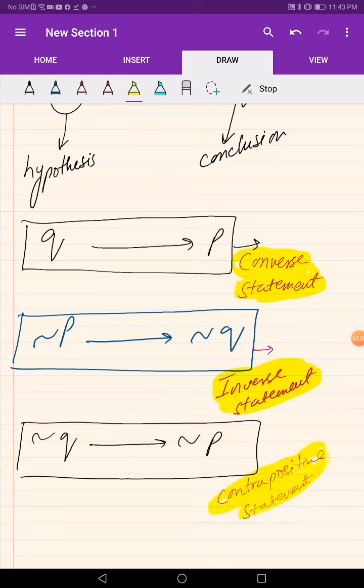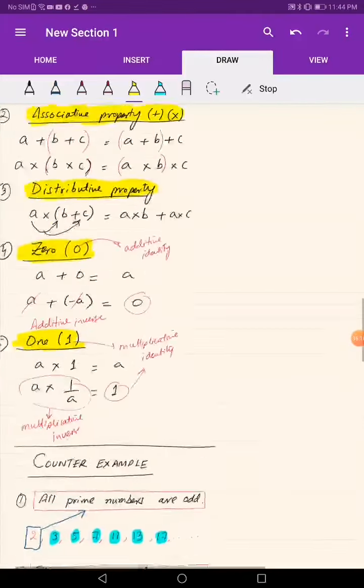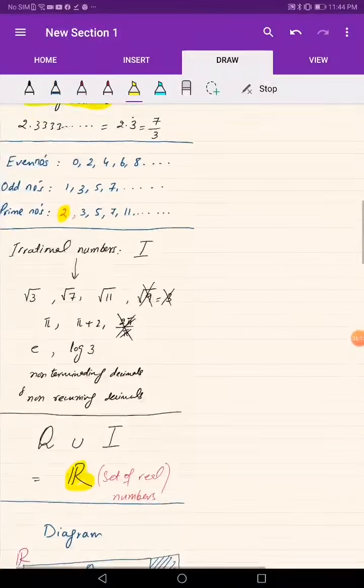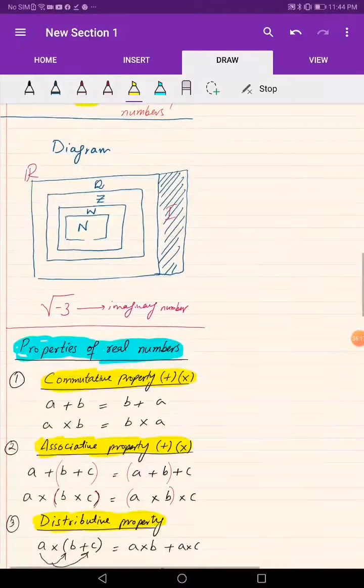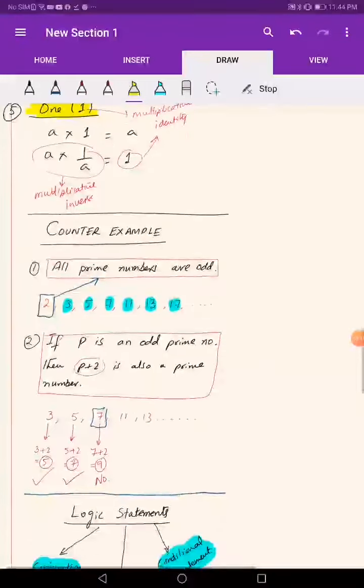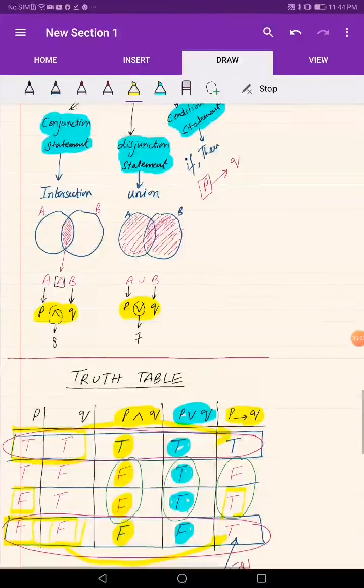That's the whole discussion about chapter number 1. Maybe in the upcoming chapters I will need less discussion, but here I needed to explain all the things about the real number system, then the diagram and the properties of real numbers, then counter examples. Then I talked about logic statements.